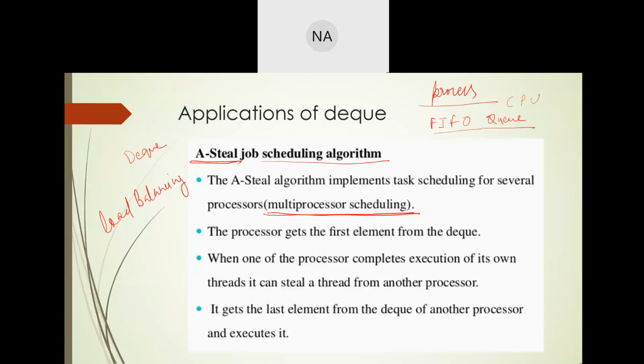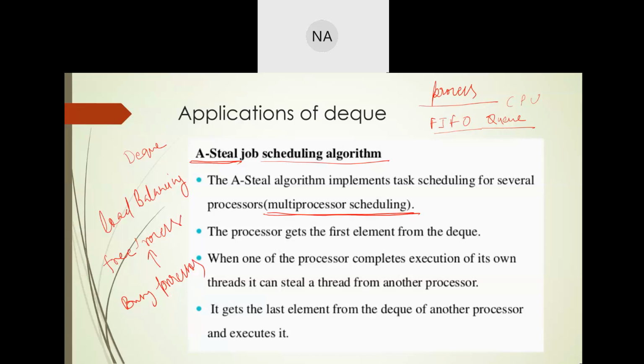Here the deck is used. So in this scenario, a free processor fetches a process from a busy processor, that is, it borrows or takes a process from the busy processor. And which process is taken by the free processor?